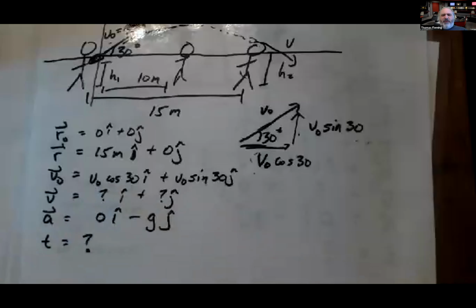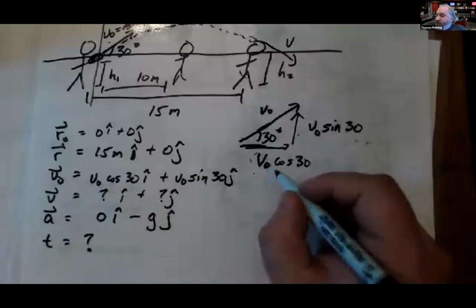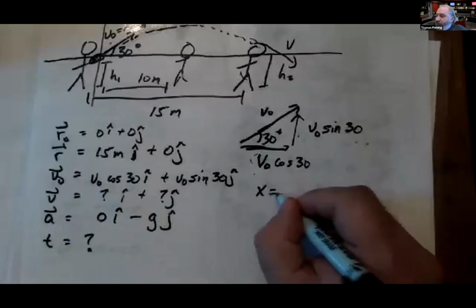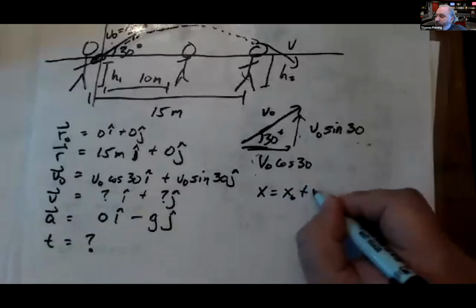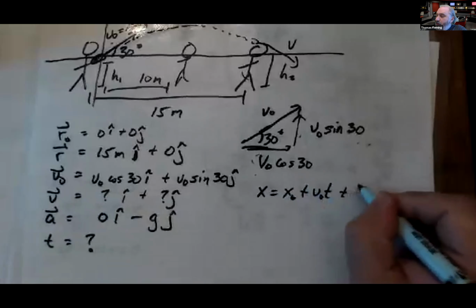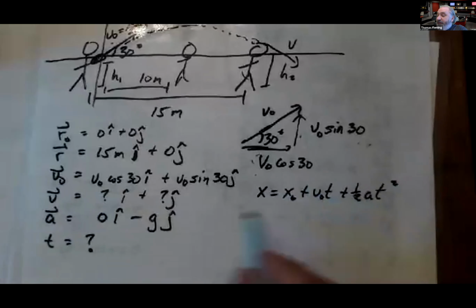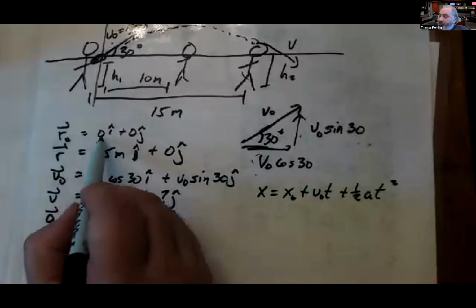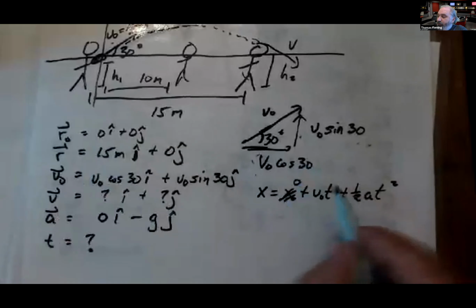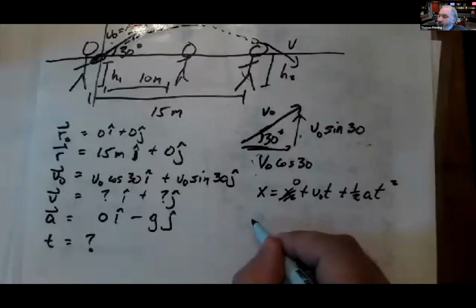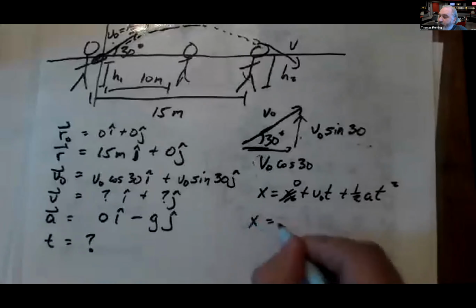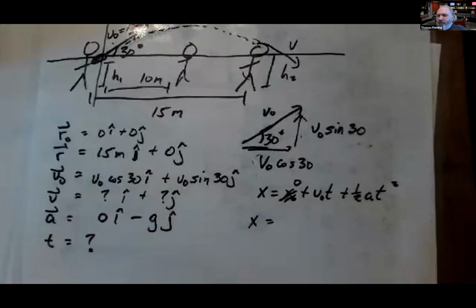So that's the position equation: x final equals x initial plus v initial t plus 1/2 a t squared. I'm doing it in the x direction, so the initial position is 0. The final position I'll call x final, but I know I can plug in 15 in a minute. I like to plug my numbers in at the end. Makes my life easier.